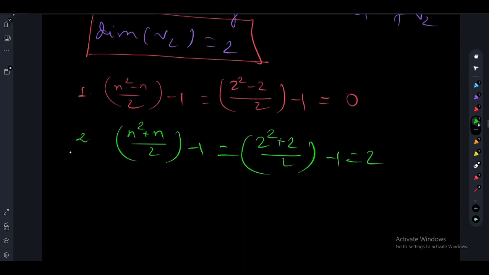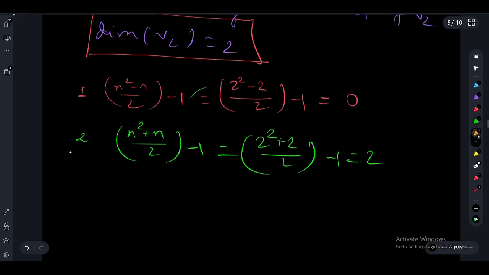For n equals 2, the dimension of V is 2, and in option 2 we calculate for n equals 2 and get 2, but we can't conclude that this is the correct option because we have only considered a special case.